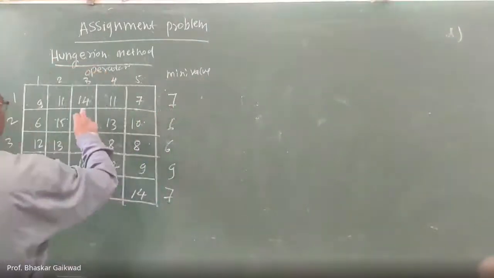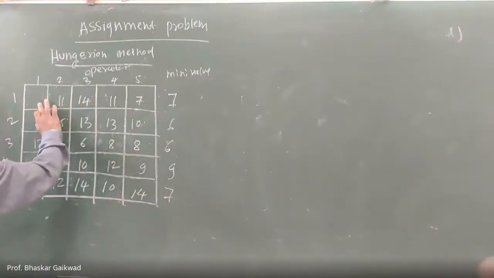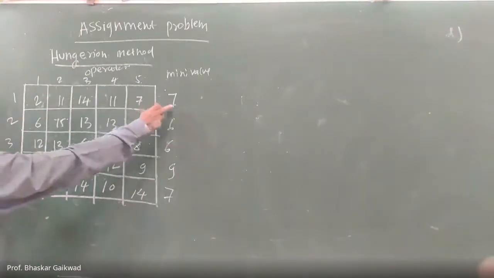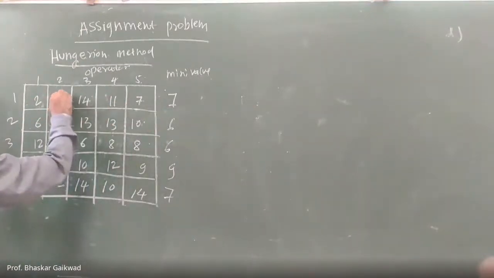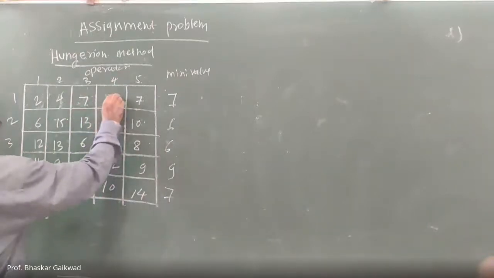So here 9 minus 7. Then 11 minus 7, 4. Here is 7, 4.